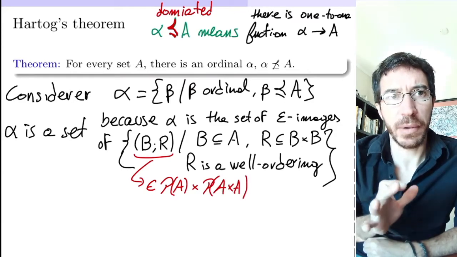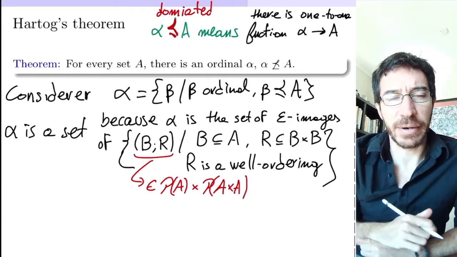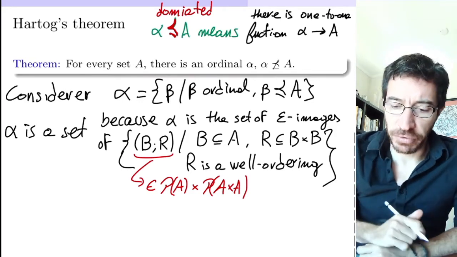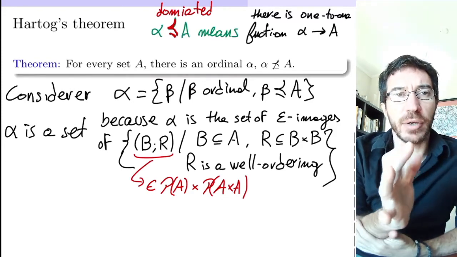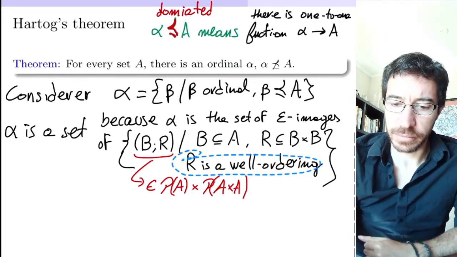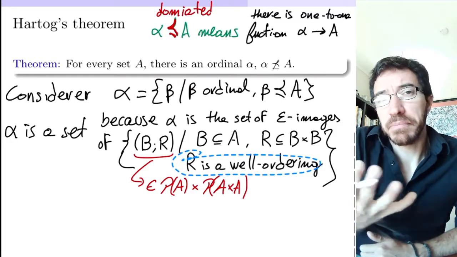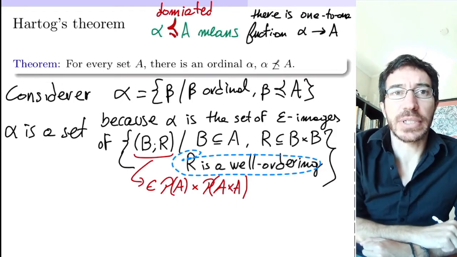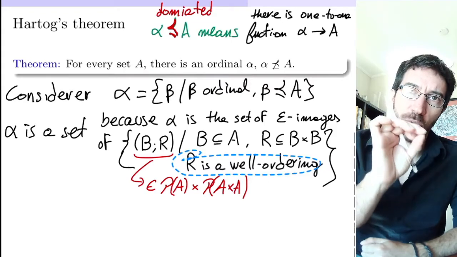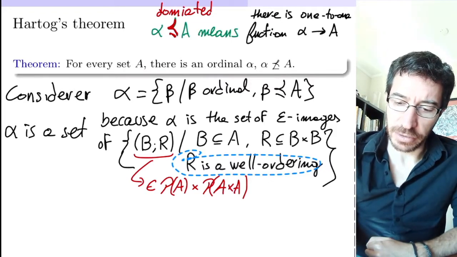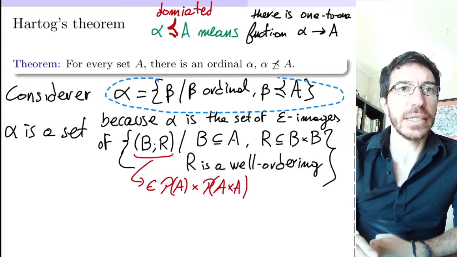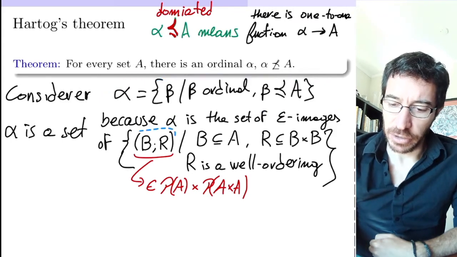Because we are taking B, which is a subset of A, and R, which is a subset of B cross B, which is a subset of A times A. So we can use the subset axiom to define this set, and we are considering the pairs B, comma R, such that R is a well ordering of B. It's a binary relation, so we're saying it's actually a well ordering. Some are well orderings, some are not. Just consider the set of the ones which are well ordered, for B a subset of A. And we claim that this thing up here is exactly the set of epsilon images of these pairs.